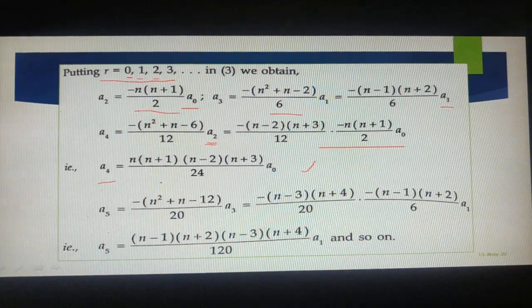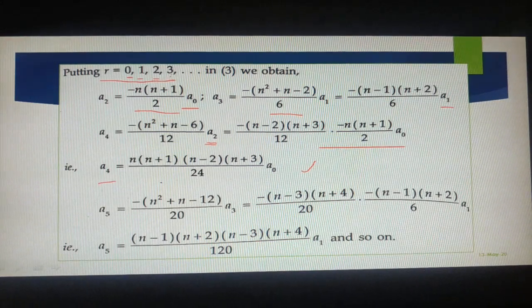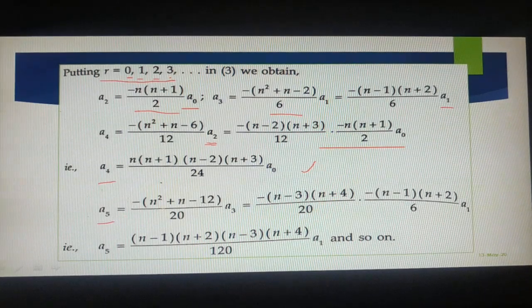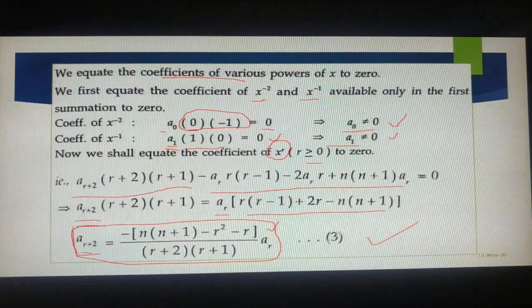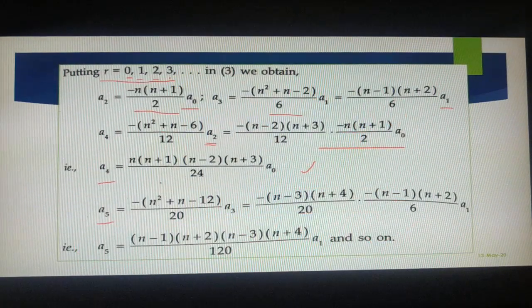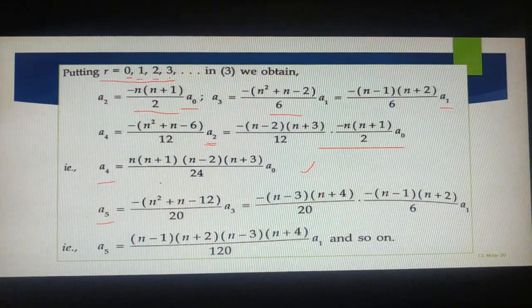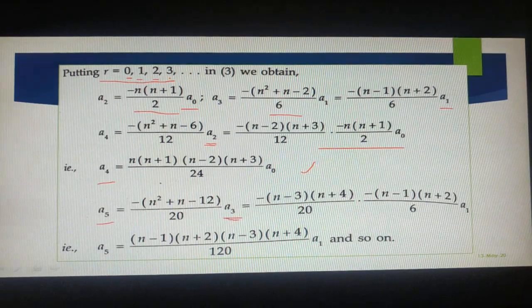Similarly, you find one more term. Please be patient to evaluate all those. These are part of the derivation. Don't leave it. So a5. This time I am taking r is equal to 3. Then I will get a5. So minus of n square plus n, see here I am just taking r is equal to 3. That means minus 9 minus 3, that will be minus 12. Then again the factors for this is minus of n minus 3 into n plus 4, and again we know the value of a3.